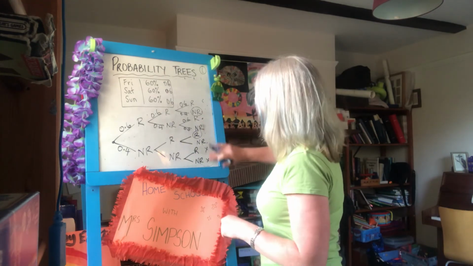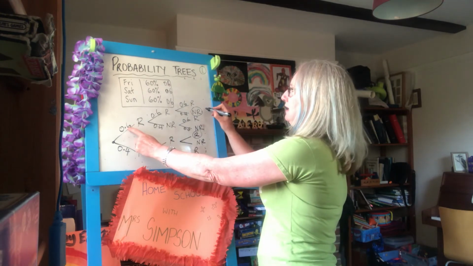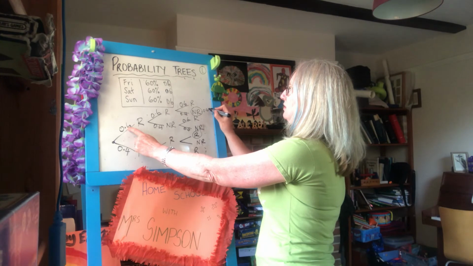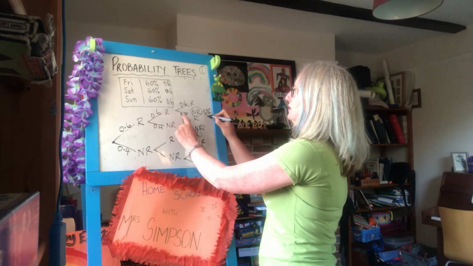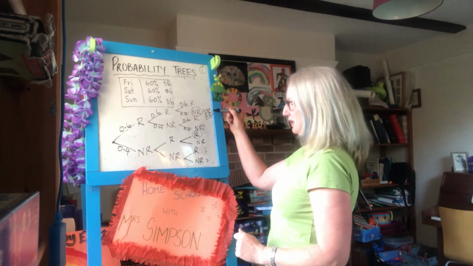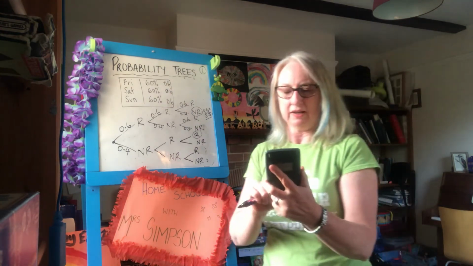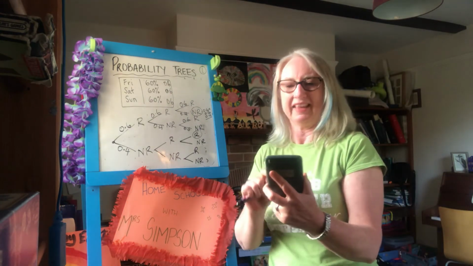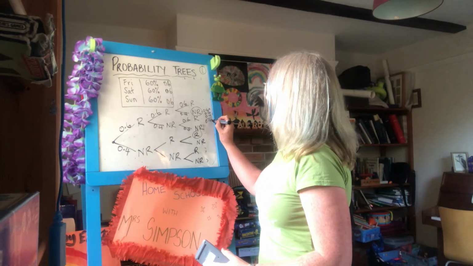So, as I'm running out of space, I'm going to get rid of my ticks. Rain, 0.6, and, so times by, 0.6 and 0.4. So the chance of this happening is 0.6 times 0.6 times 0.4, which is, you type it into your calculator, 0.144.